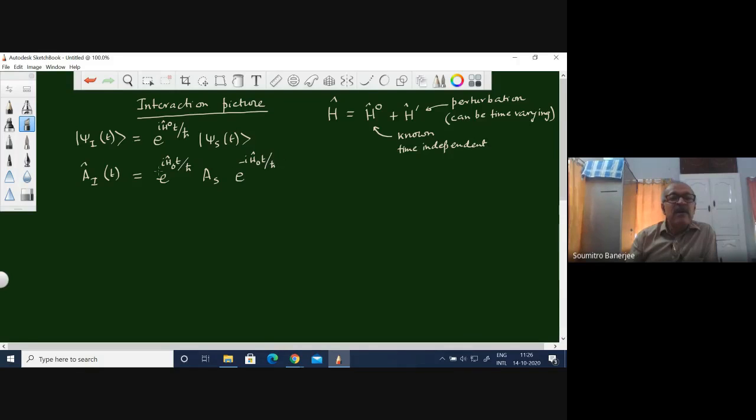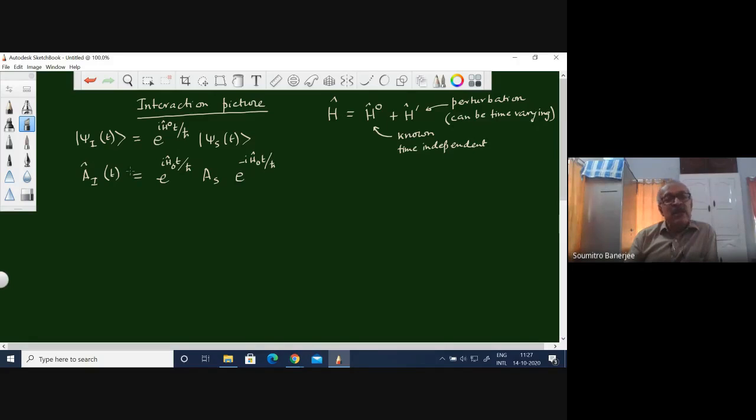So here also we are defining it the way we did for the Heisenberg picture, and therefore what we achieved in the Heisenberg picture was that the psi function was not time varying. In this case, since we have left out this part, the psi function will be time varying.